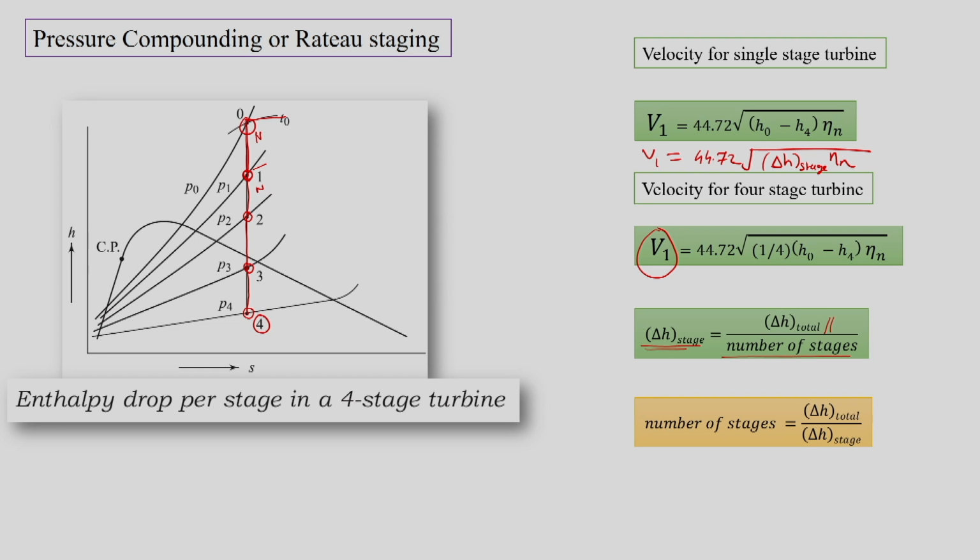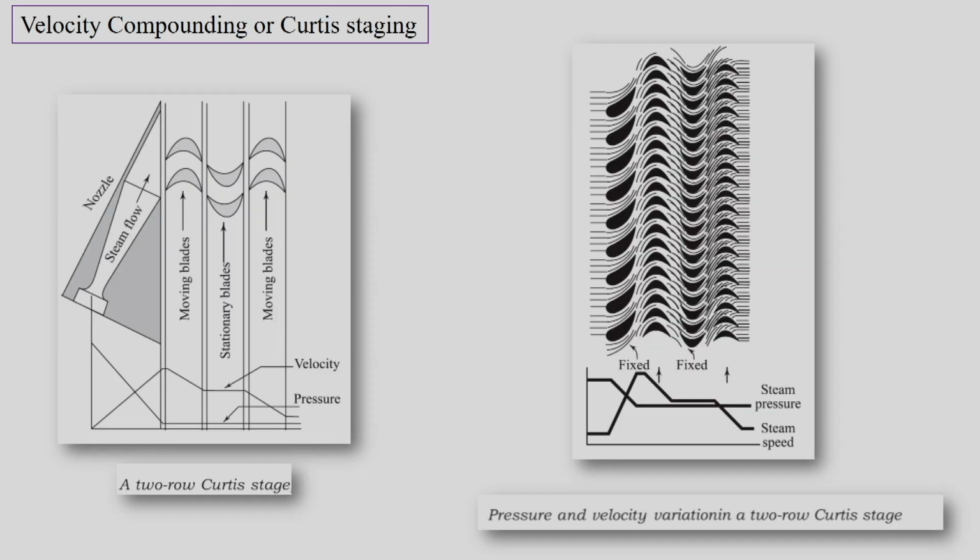And if we know the enthalpy drop in one stage and the total enthalpy drop required, then we can also find the number of stages. So, number of stages is equal to total enthalpy drop divided by stage enthalpy drop. So, this is all about pressure compounding, or Rateau staging.